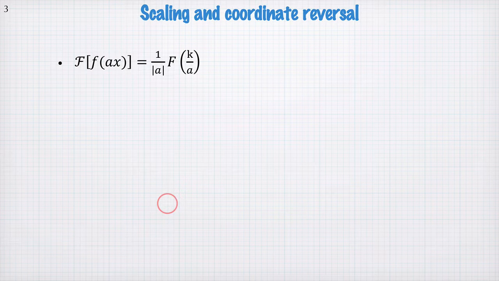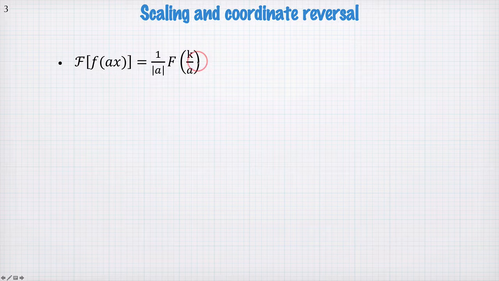A second property is scaling and coordinate reversal. These two are closely related, as we'll see. So scaling, what I mean here is that if we have some function of x, and we multiply x by a, so we're scaling the coordinate by some factor of a, then the Fourier transform is also scaled.